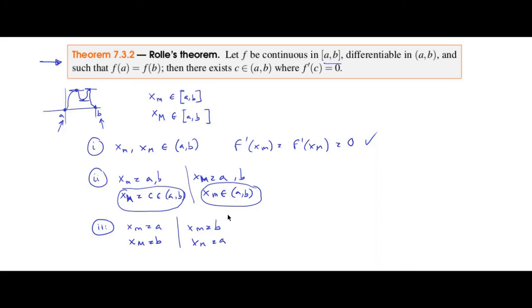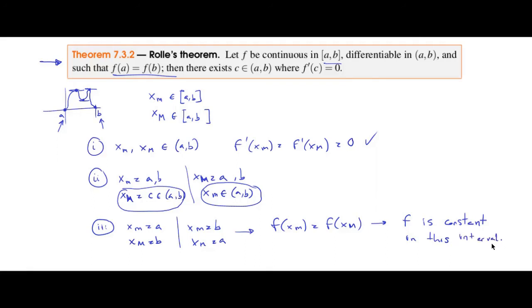But now we know that the function has the same values at f(a) and f(b), and so that means that the minimum and the maximum are the same: f(x_m) is equal to f(x_M). But we know that this is the smallest value that it has, and this is the greatest value that it has. So that means that f is constant in this interval.